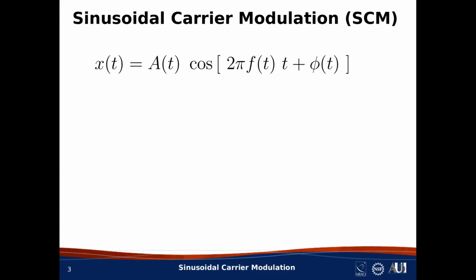So you might think of A and f and phi as knobs that can be turned to select a particular sinusoid. What makes this a modulation is that A, f, and phi are varied to represent information. Which combinations of A, f, and phi are varied, and precisely how, this is what defines the modulation.